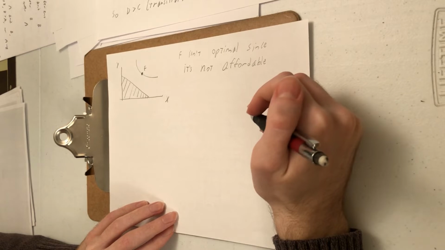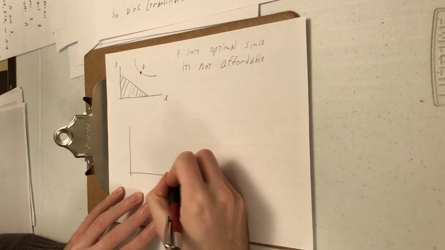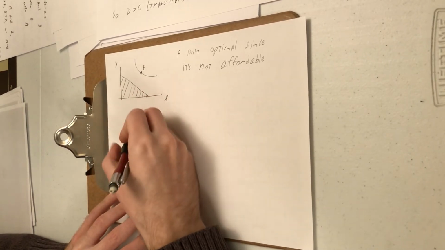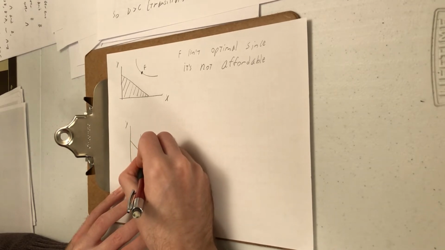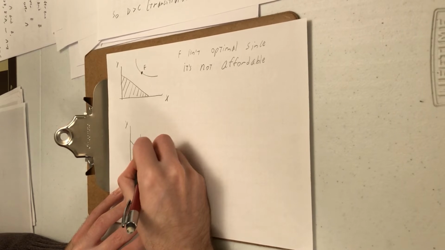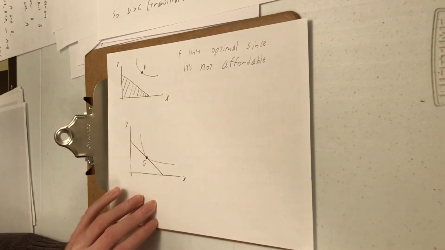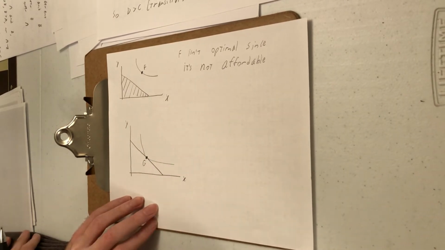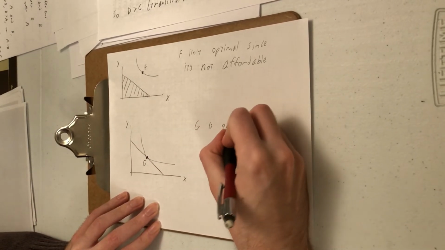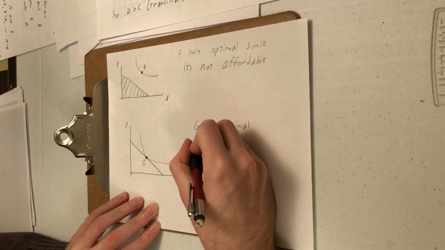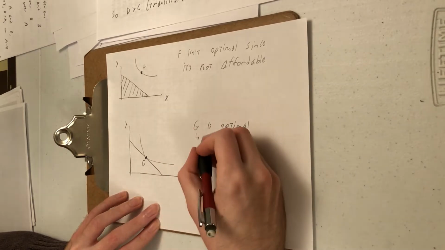So there is one last case that turns out that it works. Let's say I have bundle G over here. Now that turns out to be optimal. First you've got to verify it's affordable, and it is. We're on the budget line.